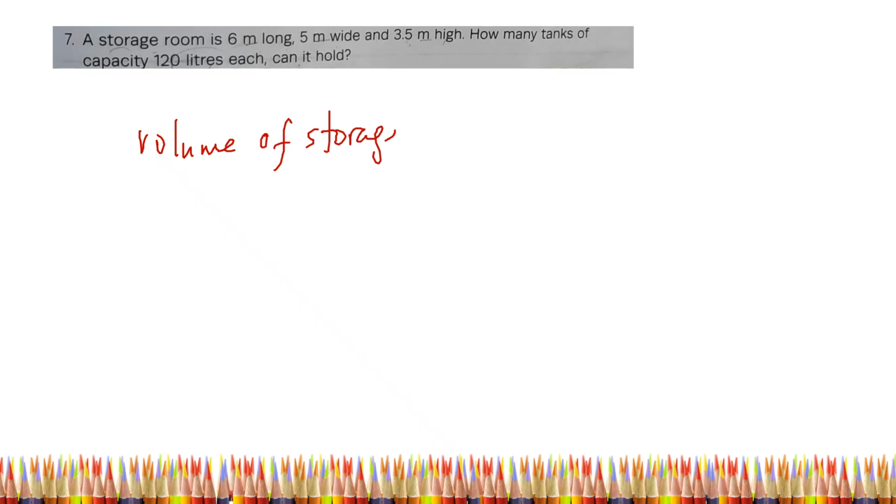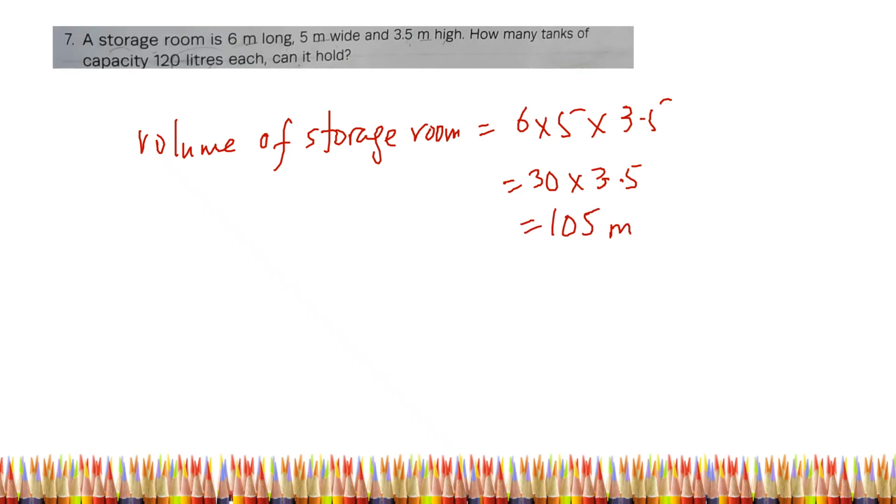So let's find the volume of the storage room. Volume of storage room is 6 multiplied by 5 multiplied by 3.5, which is 30 multiplied by 3.5. Now 30 multiplied by 3.5 will give you 105, and the unit is meter cube. In the other case, we are given liters, and we are asked how many tanks of capacity 120 liters each it can hold.